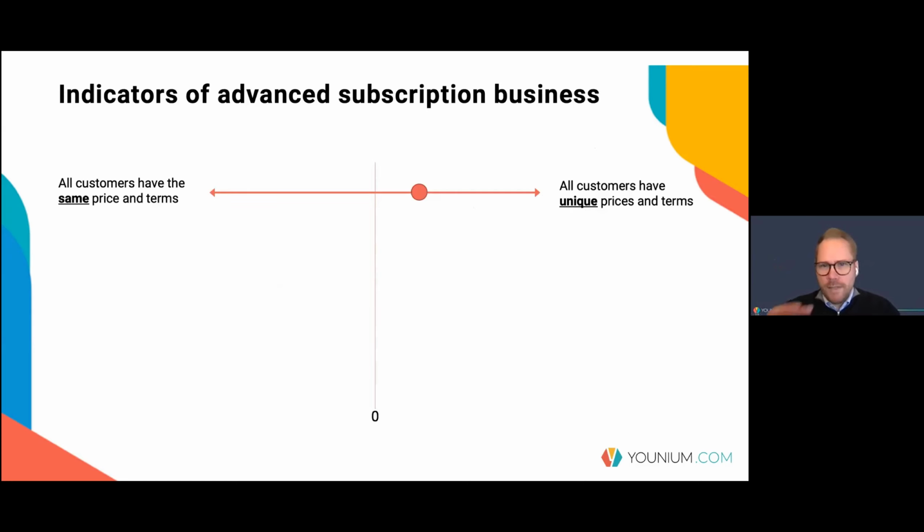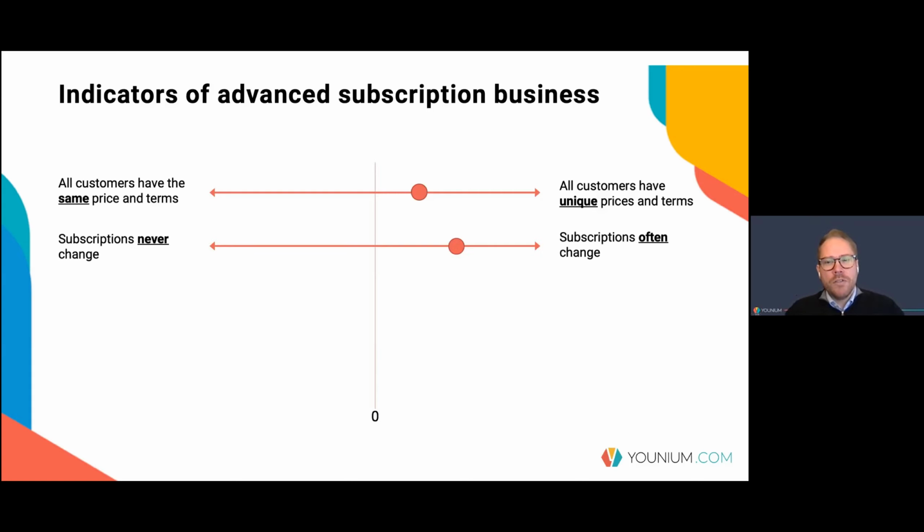And a quick test to evaluate the complexity that needs to be managed in a subscription business is to have a look at some indicators. The first one is, do all customers have the same price and terms? There are no unique deals, or do you have variations? Secondly, what happens after the customer starts using the service?